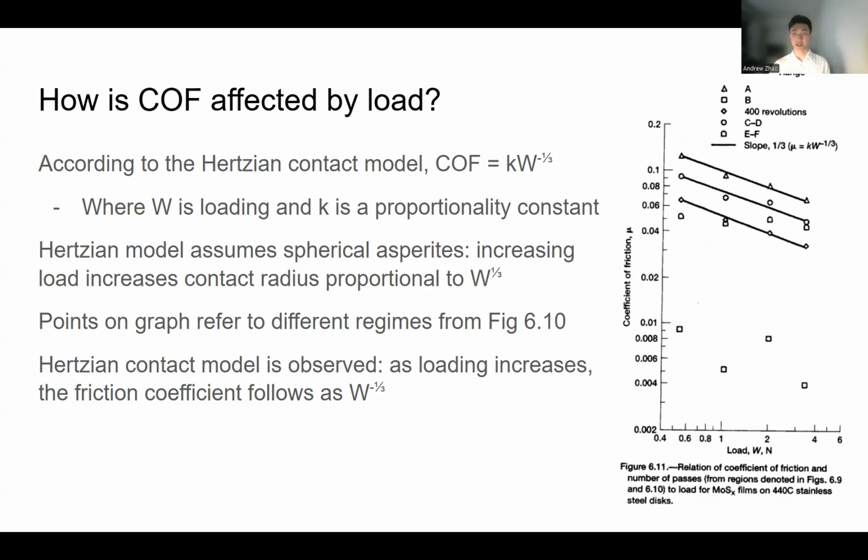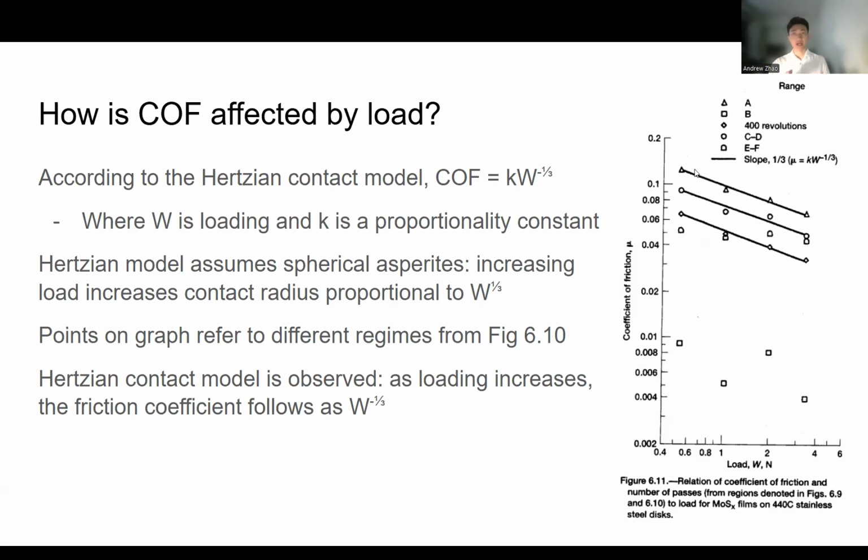So as you can see from the points on the graph, for the different regimes in the friction coefficient graphs that I showed you earlier, as you increase the amount of load, for example, this triangle here would be the 0.5, this would be the 1 Newton, 2 Newtons, 3 Newtons, the friction coefficient decreases proportional to the loading to the minus 1/3. This is predicted by the Hertzian model, and it is confirmed by experimental data taken by NASA. So this is very interesting.